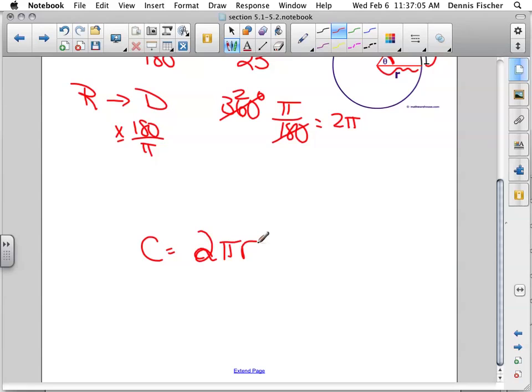Now think about this. Circumference of the circle, how long is that? All the way along the outside of the circle. The number of times the radius goes into that tells me how many radians the circle has, correct? Divide by r. What's left? 2 pi. That's why I substituted this 2 pi. Your circle formula is based on radians. A circle has 2 pi radians.